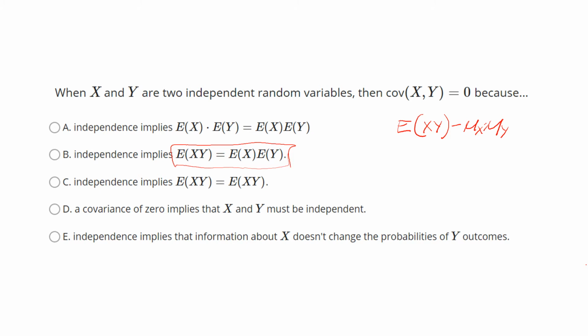Therefore, this becomes, under independence, E of X times E of Y minus mu X times mu Y. But we know that mu X is just the symbol for the expected value of X, and mu Y is just the symbol for the expected value of Y, so this must equal 0. As simple as that. Just know the definition.